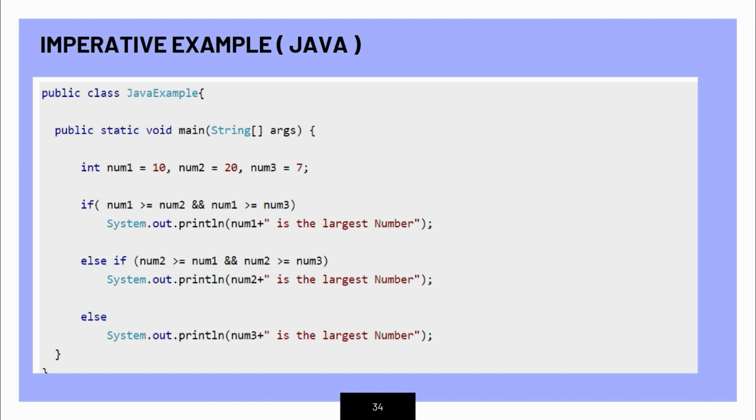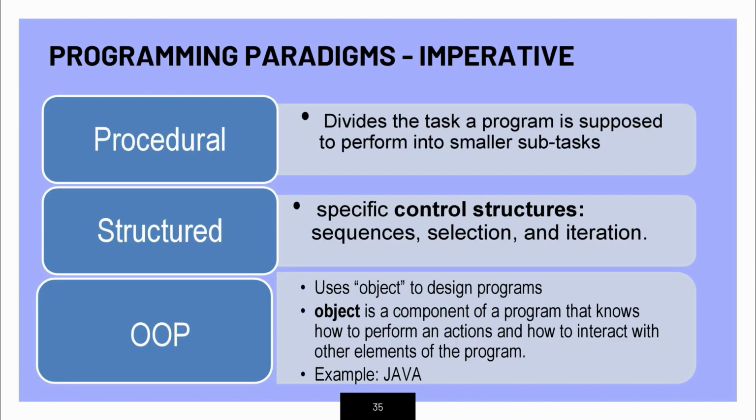Okay, so another thing is OOP. Apa benda ni? Object-oriented programming. So, object-oriented programming means it uses objects to design programs. So, an object is a component of a program that knows how to perform actions and how to interact with other elements of the program. So, example dia adalah Java lah. So, Java memang object-oriented programming.